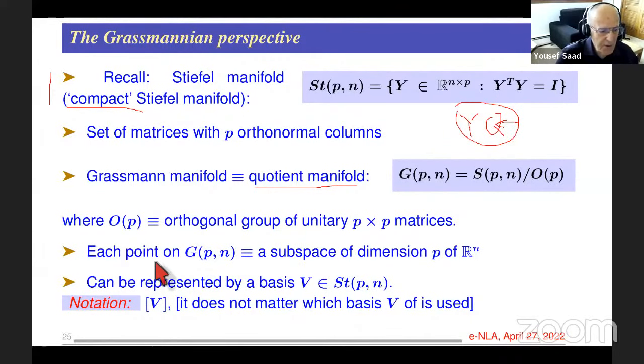Okay, so that's all there is to it. You can view each point as a subspace of dimension P of R^n. And you can represent this G by using a certain basis V, okay? In this case, we'll write it this way. But this is just a representative.